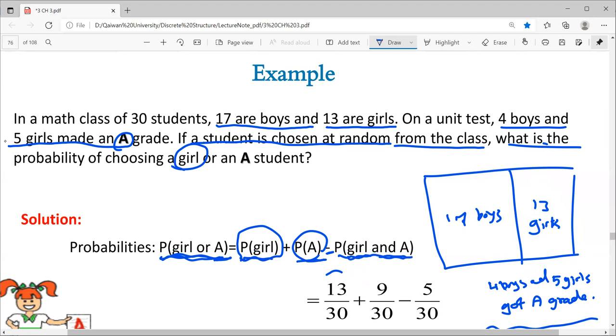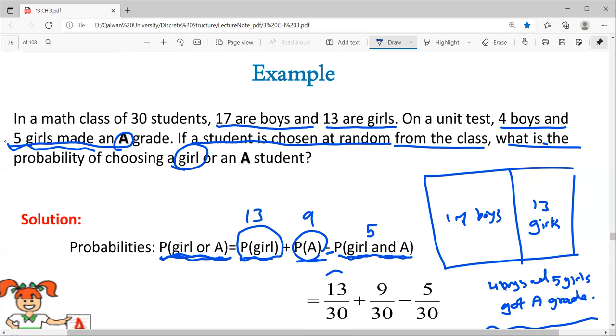So how many girls got an A grade? It's given that 5 girls got an A grade. And how many students got A grades among both boys and girls? It's 9. How many girls do you have in the class? 13.